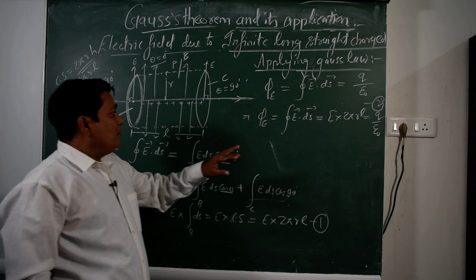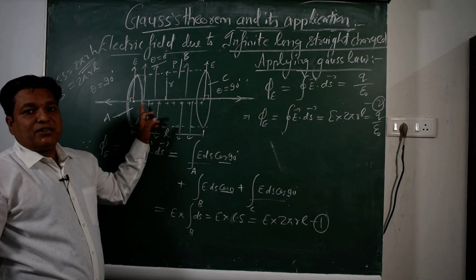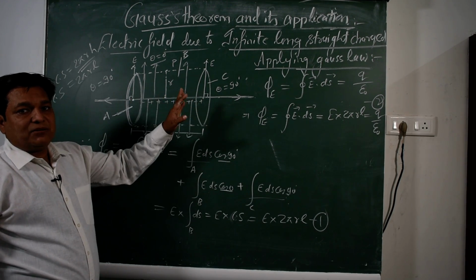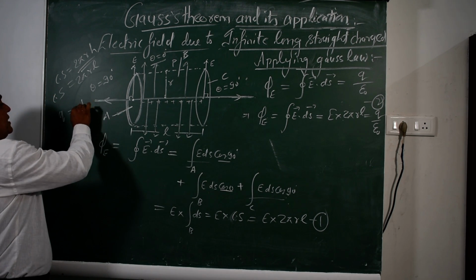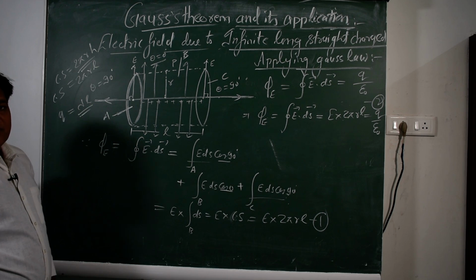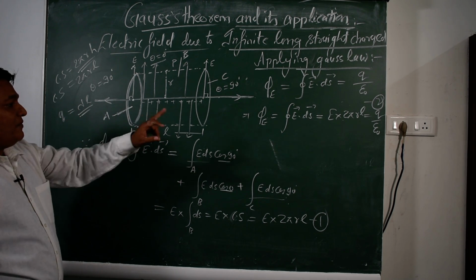What is the value of Q? Here the linear charge distribution is there, which means the value of Q is equal to lambda into L. So we put the value of Q there.